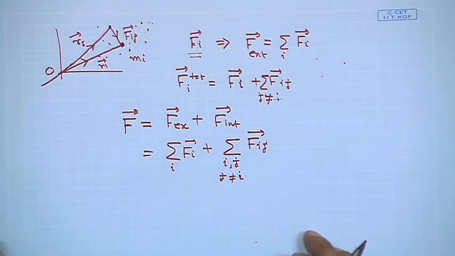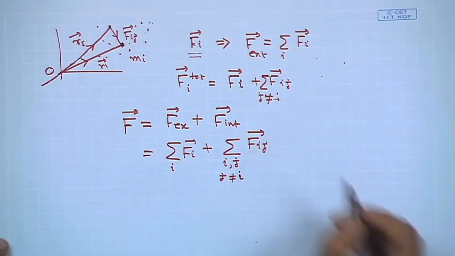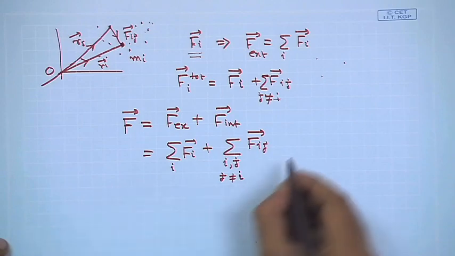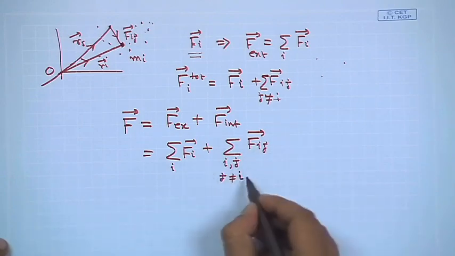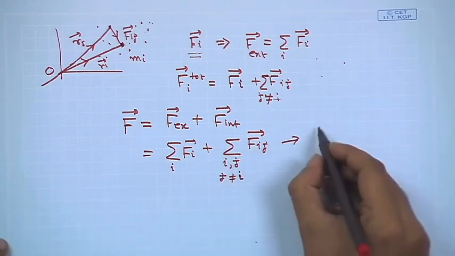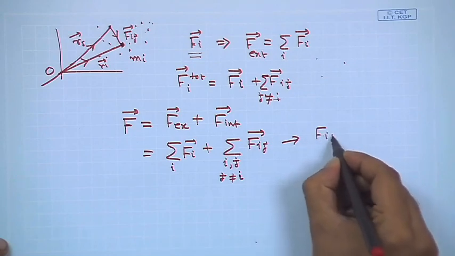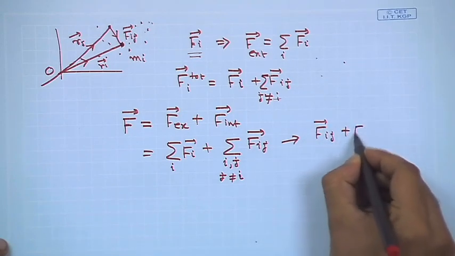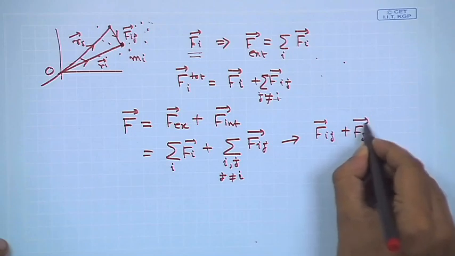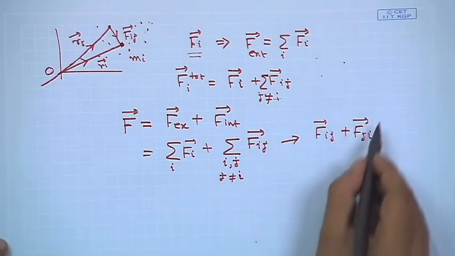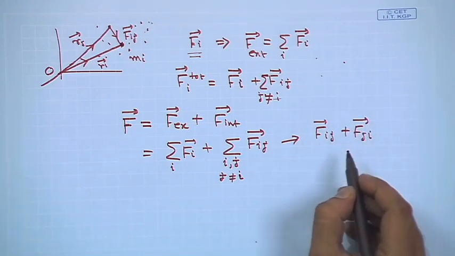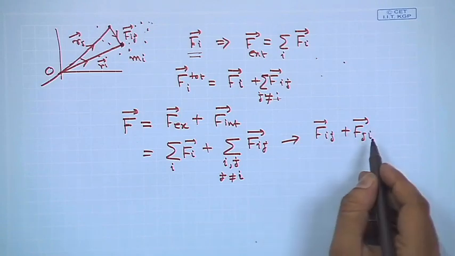Now, what we need to understand is that this particular sum of F_ij will vanish. Why? Because this will give rise to terms like F_ij plus F_ji. F_ij and F_ji, according to Newton's third law, are equal and opposite in nature.